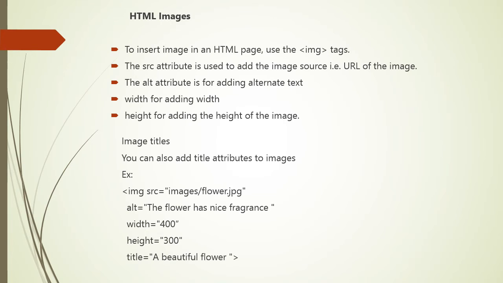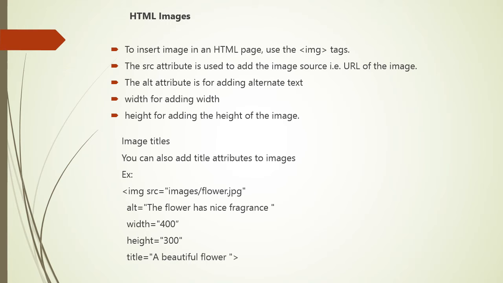Consider in detail HTML images. Images can improve the design and the appearance of a web page. Images can be easily inserted at any section in the HTML page. To insert an image in the HTML page, we use the img tag. It is an empty tag containing only attributes, since the closing tag is not required.